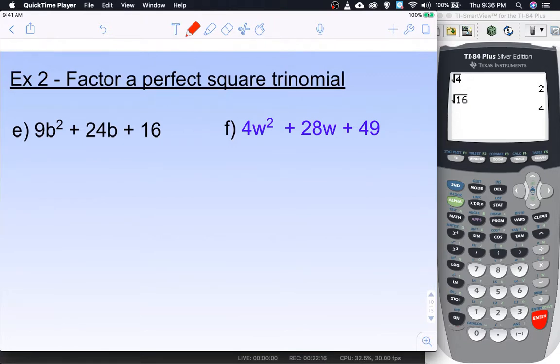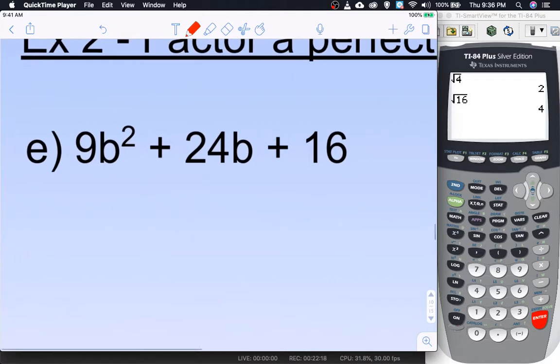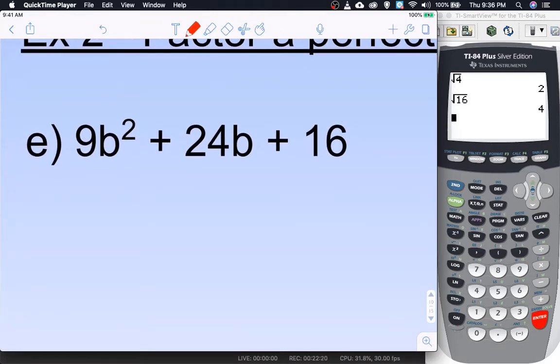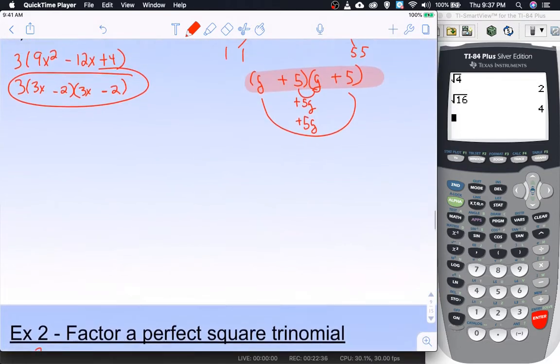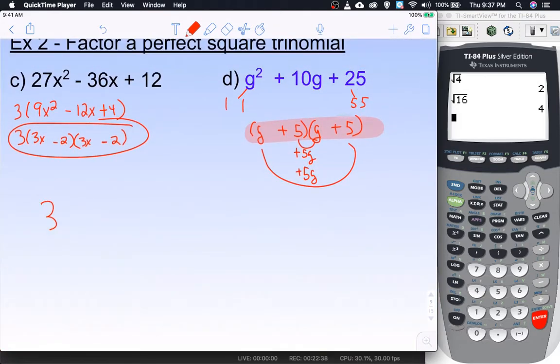E looks fine. I mean, the first and last terms are both perfect squares. So the factors I would try first would be 3 and 3 and 4 and 4 anyways. So 3b and 4, 3b and 4. And you know what I just realized? In the past 4 or 5 problems, I didn't rewrite it as 3x minus 2 squared, g plus 5 squared.